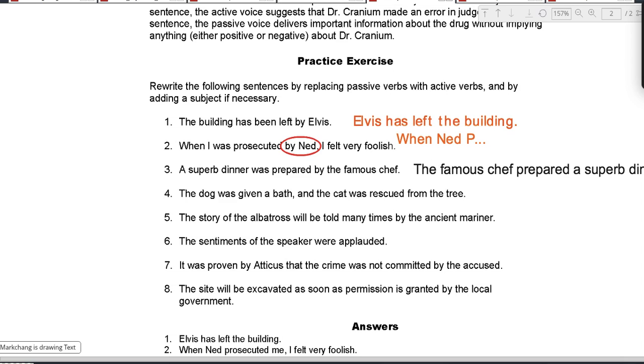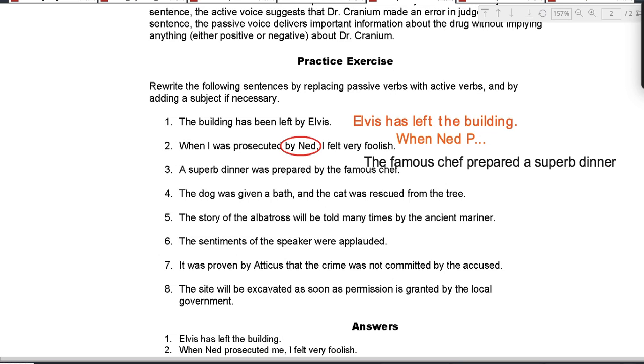The dog was given a bath and the cat was rescued from the tree. Now here we do not have the subject. It is hidden. So we can add any subject of our choice, like I gave a bath to the dog.